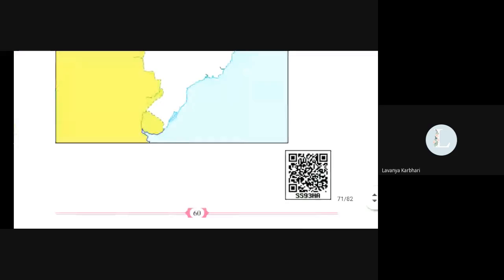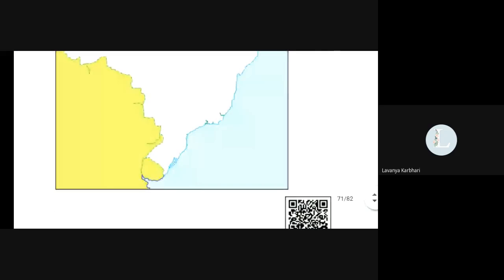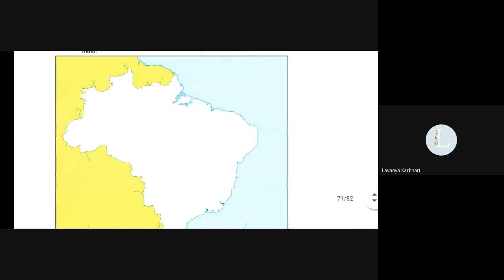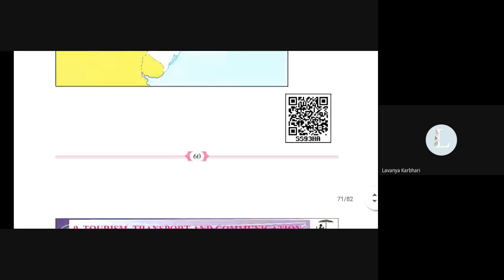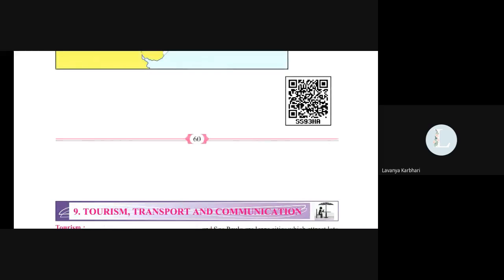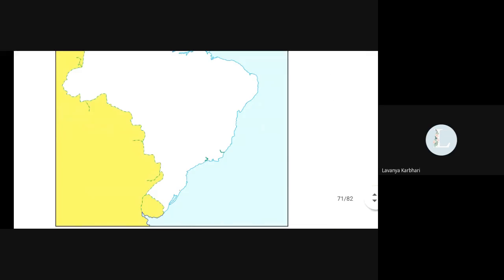This is the map of Brazil. You have to scan this code, and you will get the details about that.